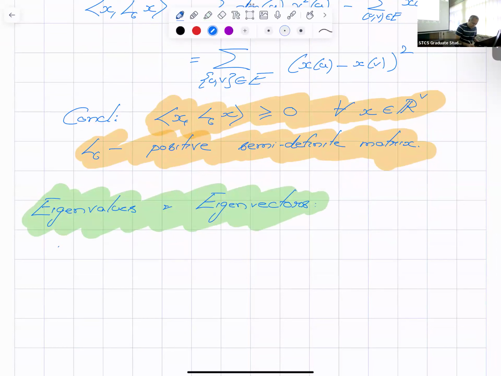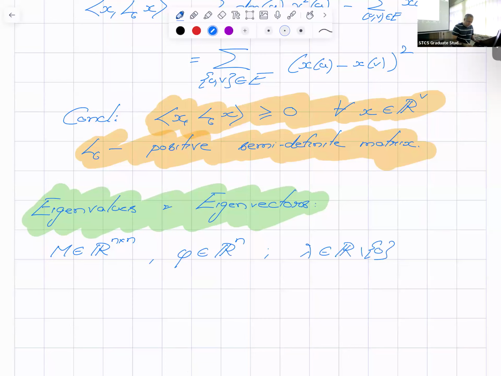For the purpose of this, I'll focus only on real matrices, though you can extend this to complex. You have an n cross n real matrix M, phi is some n-dimensional vector, and lambda is some scalar, and we have the property that M phi is lambda phi.